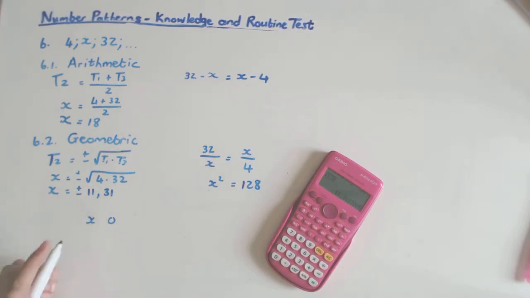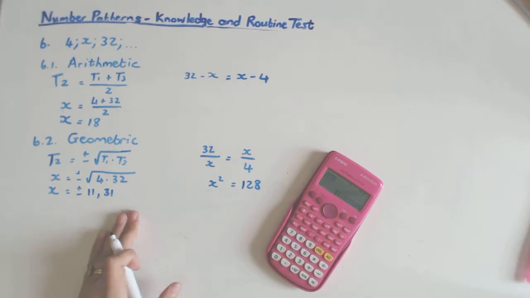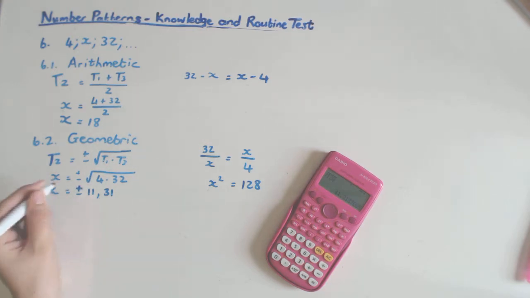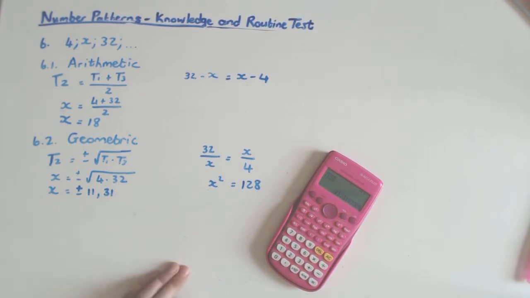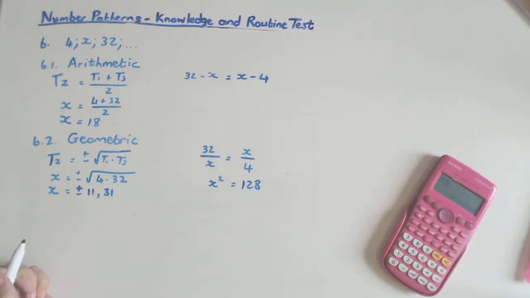If they state x smaller than 0, then your answer will be x is minus 11.31. But in this case, they really just stated find the value of x if the sequence is geometric. So then the value of x can be both positive and negative 11.31. So I'm just going to leave it like that. Right, question 7.